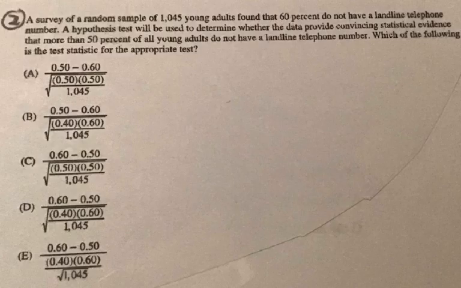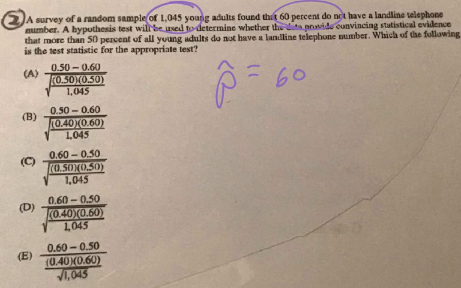Number 2, now this one's more straight up like we learned in class, like we practiced in Khan Academy and so on. Notice our sample size was 1,045. We know our p hat looks like is around 0.60. The hypothesis is to determine whether there's evidence of more than 50%.